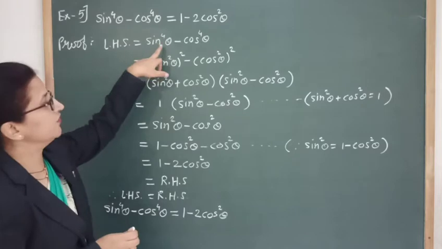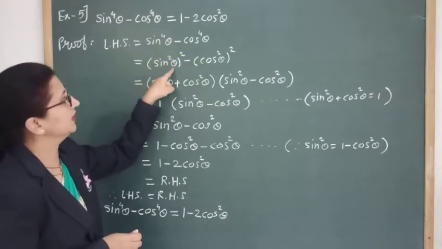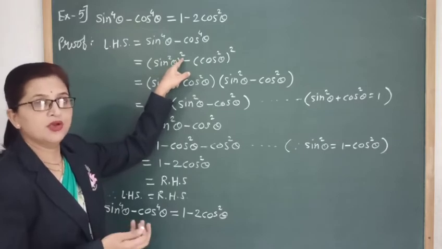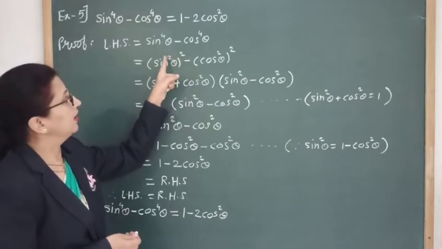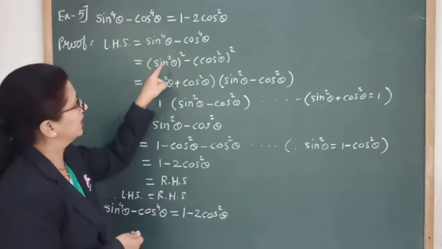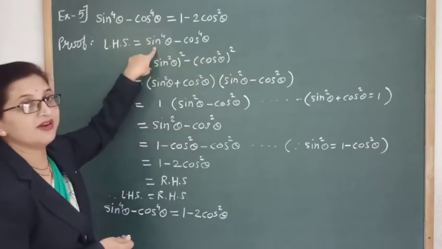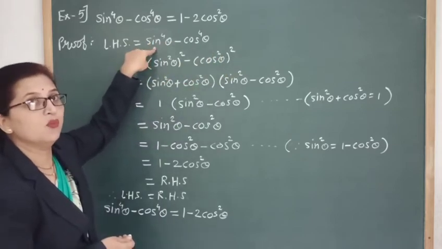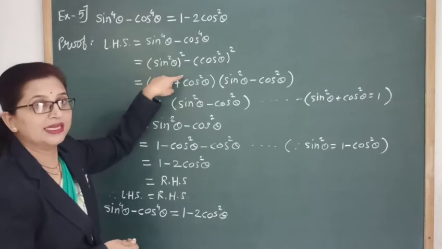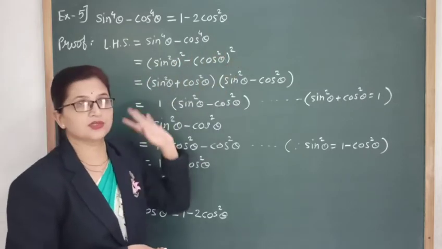Now here this raised to 4 is there. Okay, so we'll write that in the form of sin square theta bracket square. We know that here, in the index, we are doing the multiplication of indices, that is 2 times 2 is 4. Similarly here also. So instead of writing sin raised to 4 theta, we will write it as sin square theta bracket square minus cos square theta bracket square.